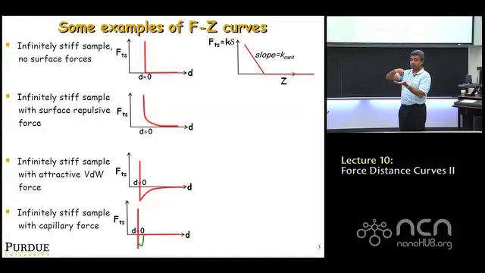So once you're in touch and you push further, what you expect to see is the bending: the cantilever tip moves with respect to the base as much as you push down. So if Z goes down a certain amount, the tip relative to the base goes up by the same amount.